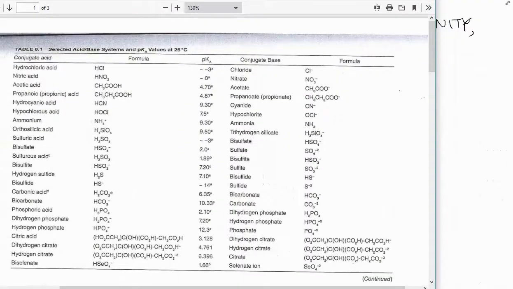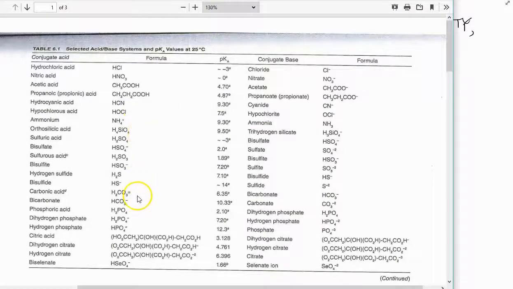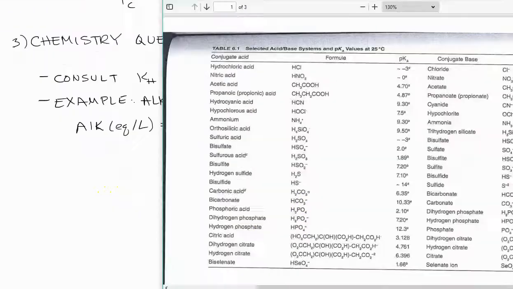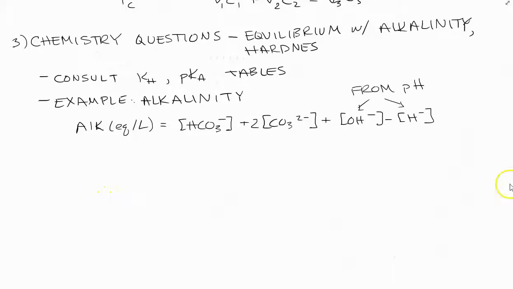So you can go to your table, you see, okay, I've got bicarbonate here, it's in equilibrium with H2CO3, and then carbonate is in equilibrium with HCO3 minus, bicarbonate, and that's where you can start. Okay, so I'm going to go ahead and write those down.